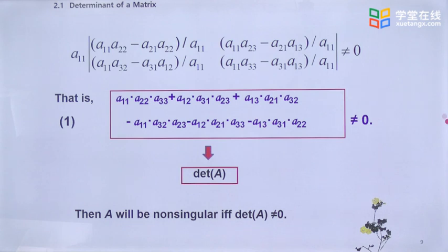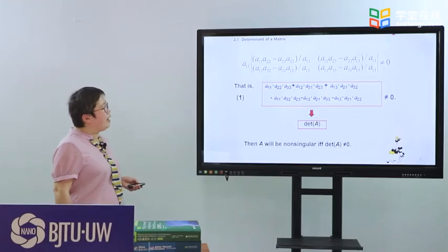And we already know that for a 2 by 2 matrix, this holds if and only if the product of the main diagonal entries minus the product of the off-diagonal entries does not equal 0.